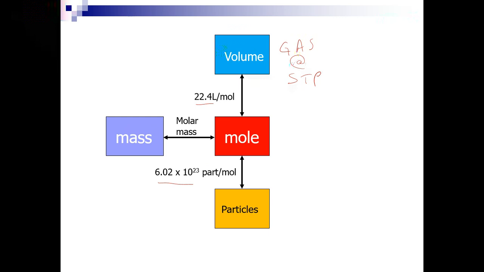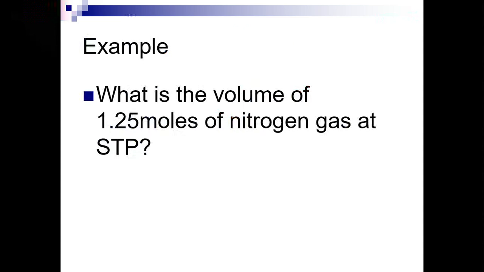So let's look at a few examples, much like the other ones. Let's start by saying, what is the volume of 1.25 moles of nitrogen gas at STP? So we start with the moles of nitrogen gas. We're going to use 22.4 liters per mole.